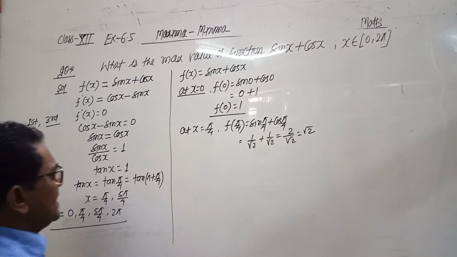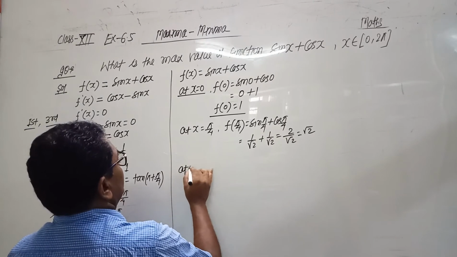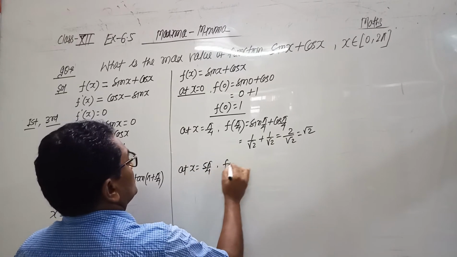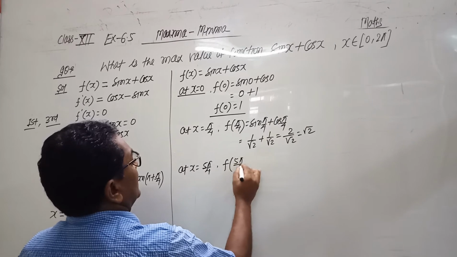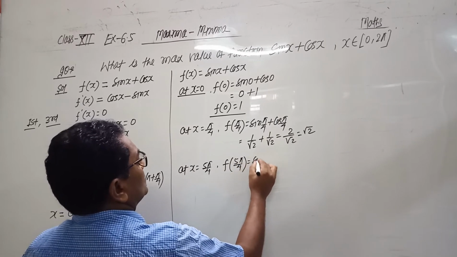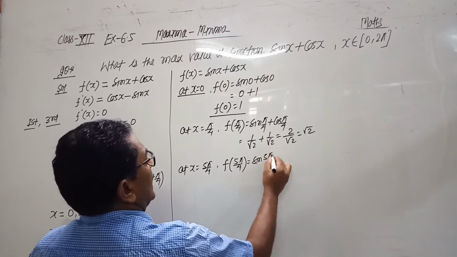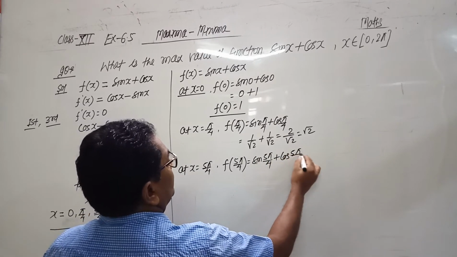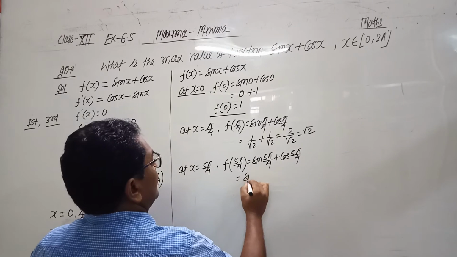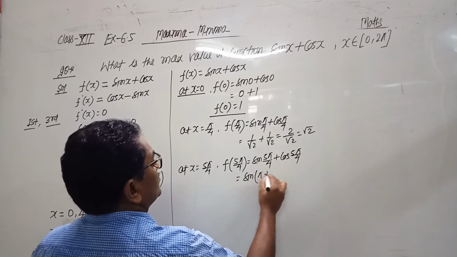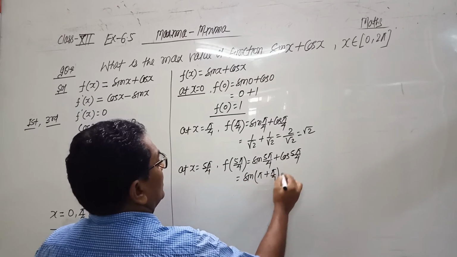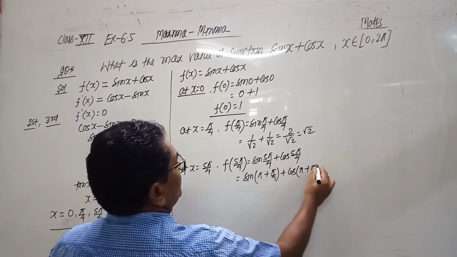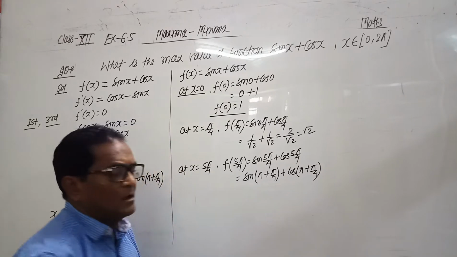Now at x equals 5 pi by 4. So f of 5 pi by 4 equals sin 5 pi by 4 plus cos 5 pi by 4. And 5 pi by 4 is written as pi plus pi by 4.